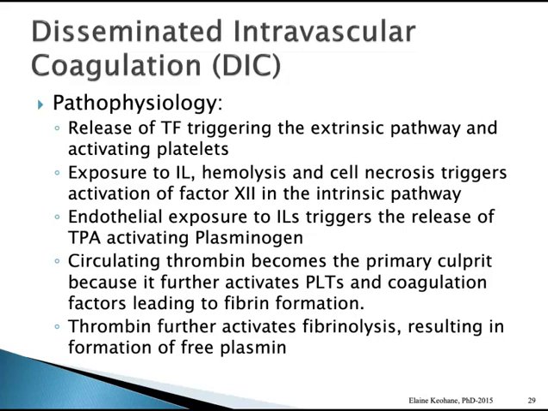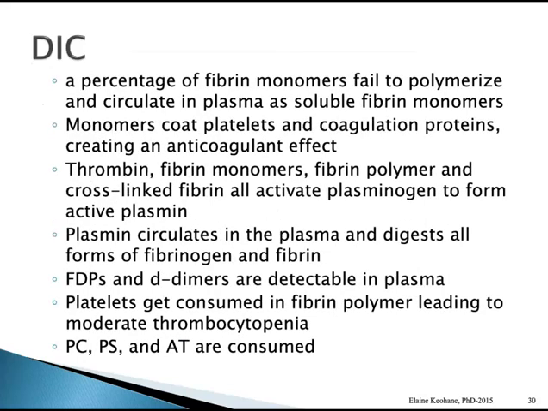Circulating thrombin becomes the primary culprit because it further activates platelets and coagulation factors leading to fibrin formation. Thrombin further activates fibrinolysis, resulting in the formation of free plasmin. A percentage of fibrin monomers fail to polymerize and circulate in plasma as soluble fibrin monomers.